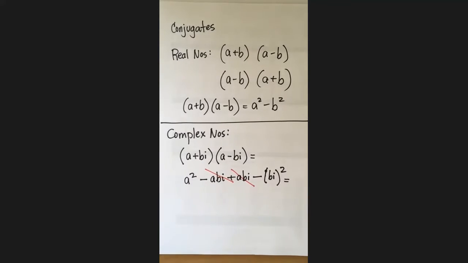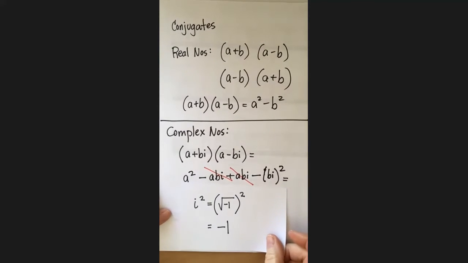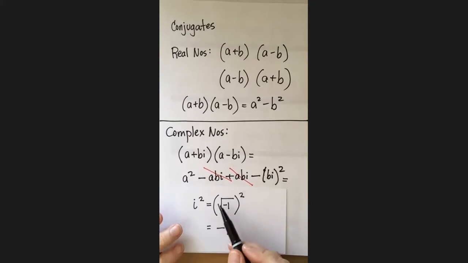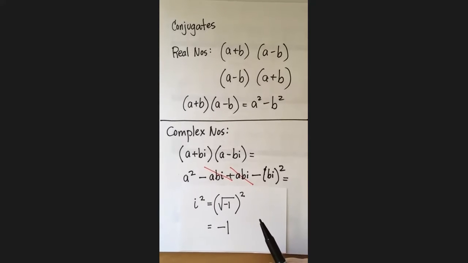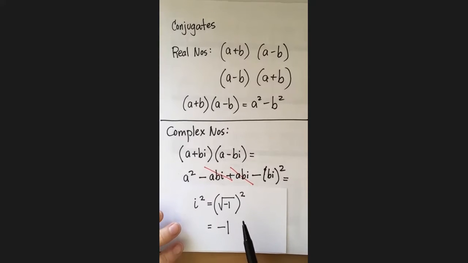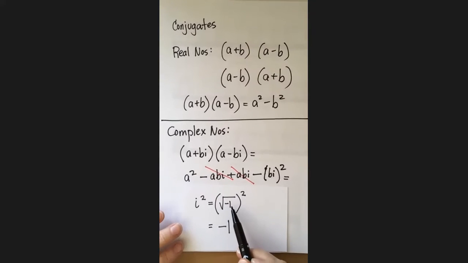So remember that I squared is the square root of minus 1 squared. You have to look up the exact definition in your book, but the upshot is that when you have a square root that is squared, the answer is whatever's inside of it.